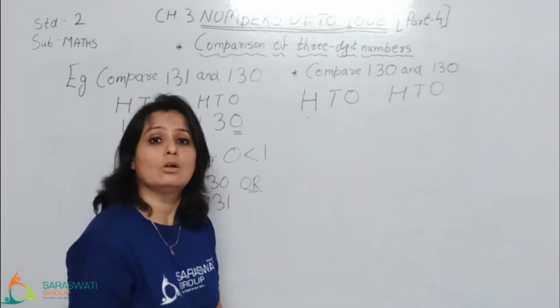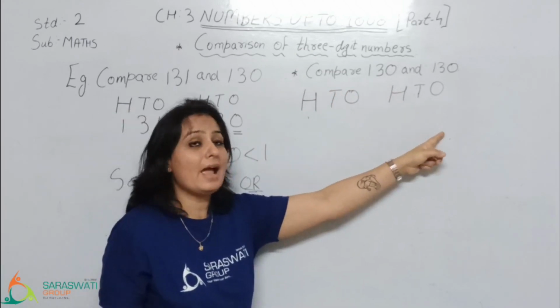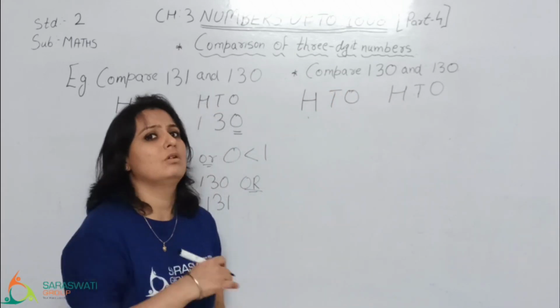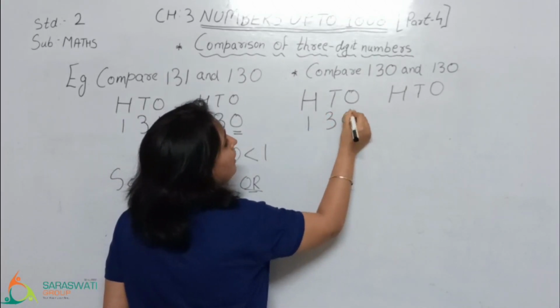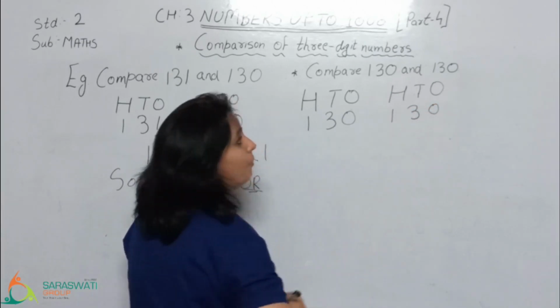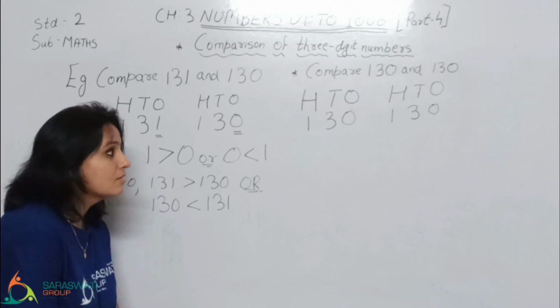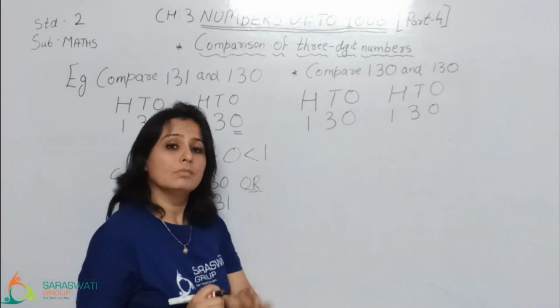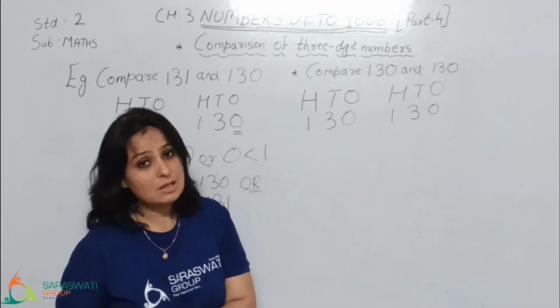यहाँ पे आप लोग देखो, द क्वेश्चन इज कंपेयर 130 एंड 130. So let me write the digits. 130, 130. अब what you can see in this question, yes, the digits are same, right? आप लोग क्या देख रहे हैं, दोनों जगह पे सेम डिजिट्स है.